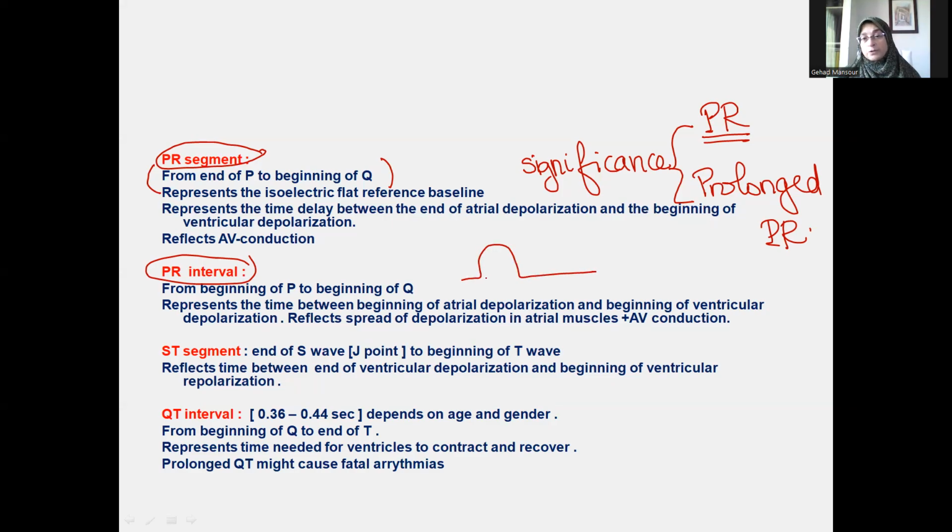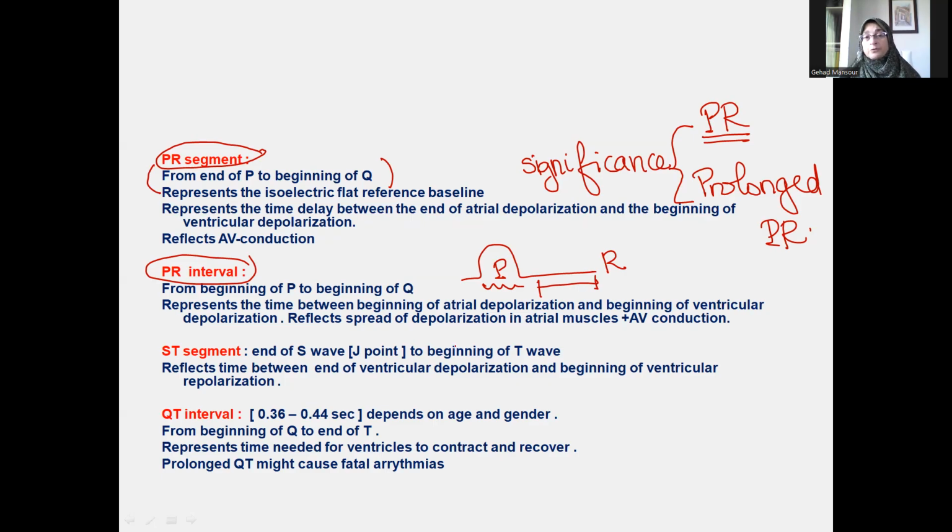So it includes all the P wave as well as the PR segment, and therefore it represents, not like the PR segment from the end of atrial depolarization, but the time needed for atrial depolarization to occur, and then for that atrial depolarization to be conducted to the ventricles.